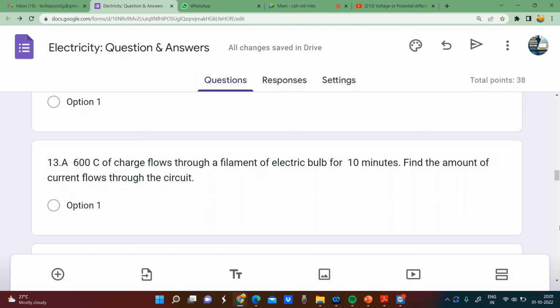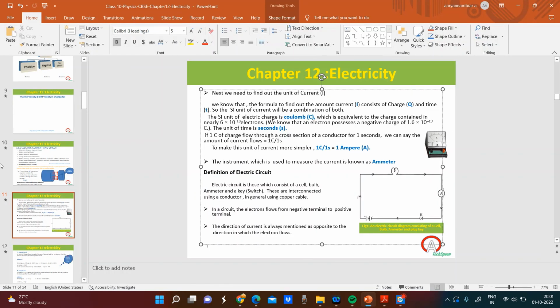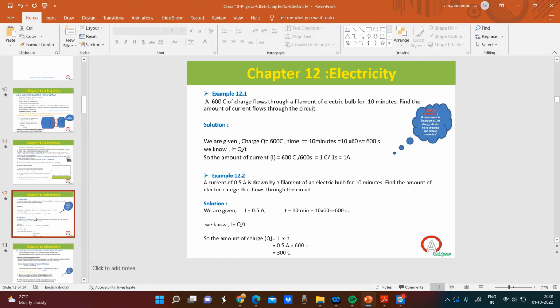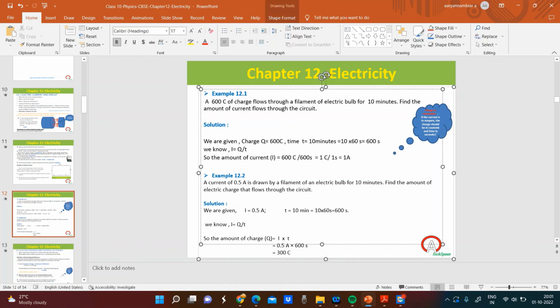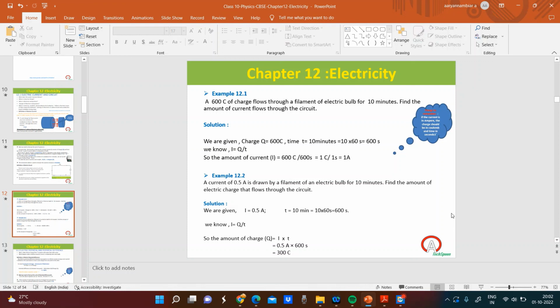Anybody got the answer? So 60 amperes. I know you will get 60 ampere only.